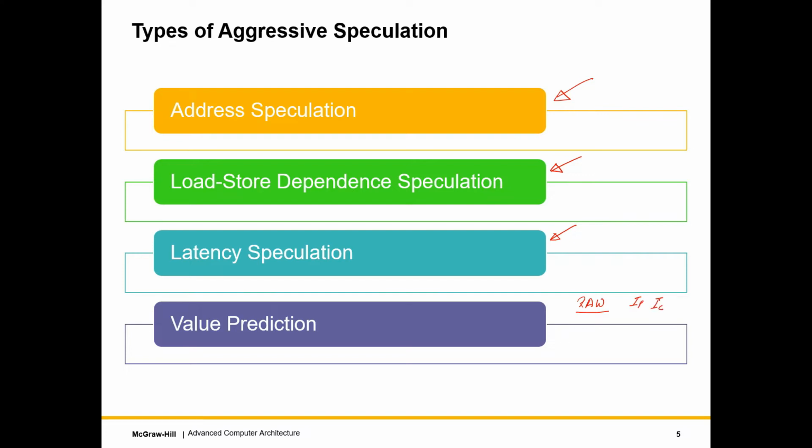This is possible if the value that the consumer instruction reads is predicted, and on the basis of that we proceed. This is known as speculative execution, and modern processors do embody many kinds of speculation like this. But mind you, with any kind of speculation, there is a chance of a mistake. In that case, something needs to be done.